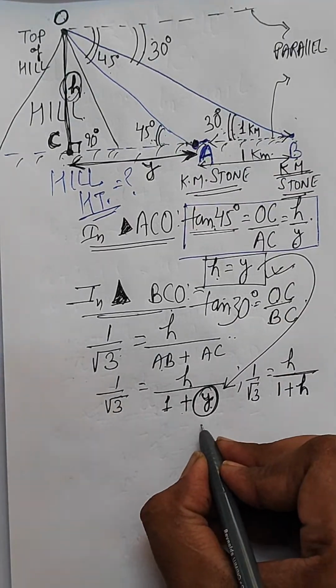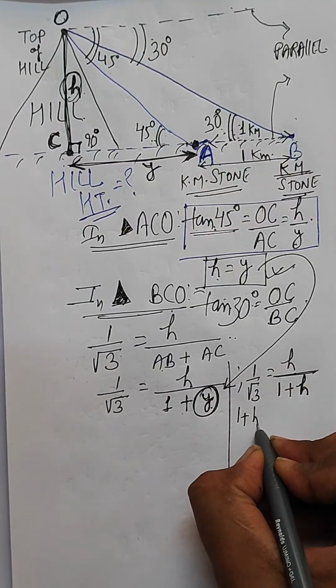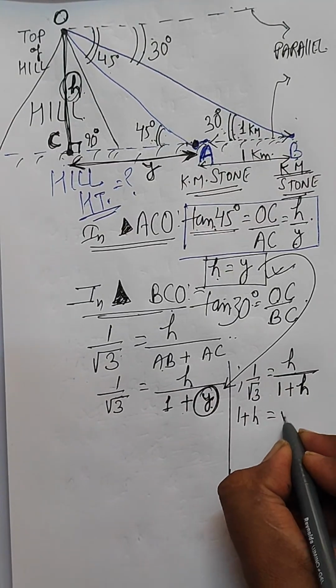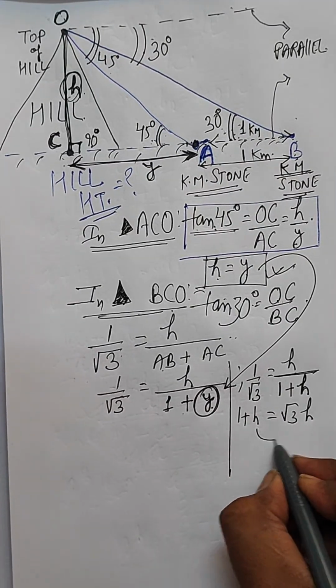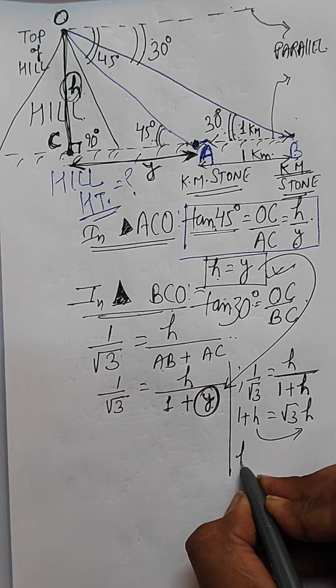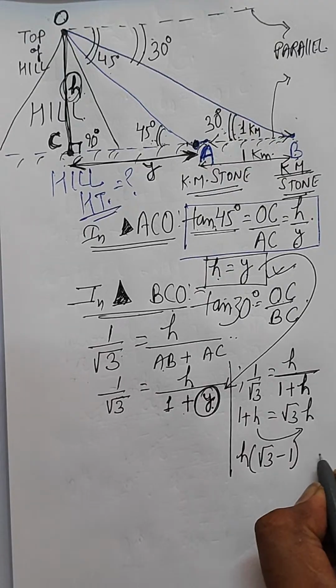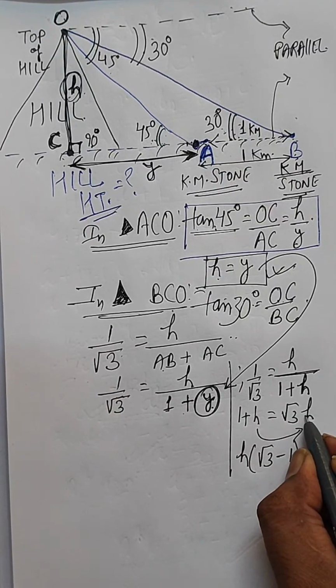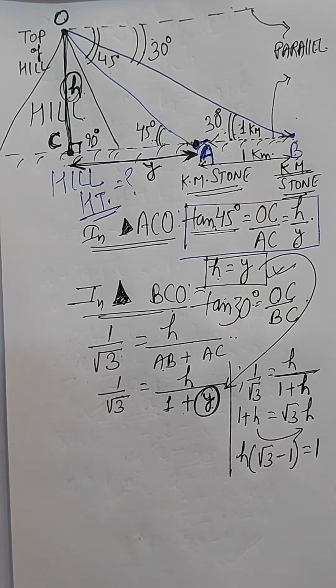So this will give you 1 plus H is equal to root 3H, right? And when H goes to the RHS, this will be H times root 3 minus 1, because H goes to the RHS and we are left with only 1. So just write 1 over here.